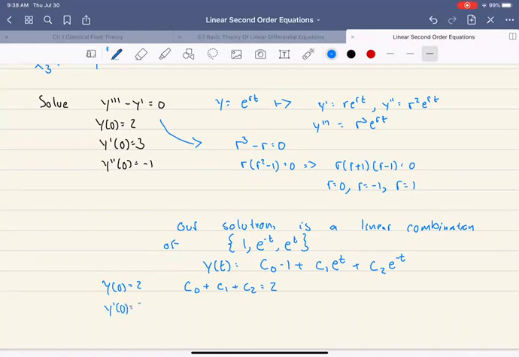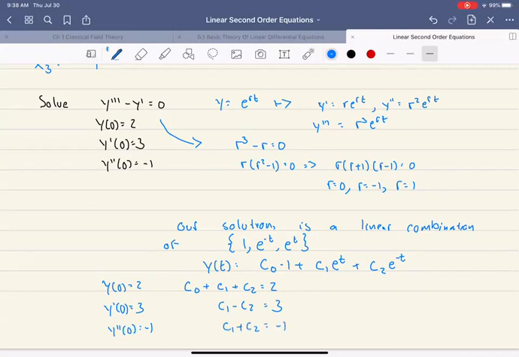y prime of 0 equals 3 is going to give us c1 minus c2 equals 3. The negative sign comes from taking the derivative here. And then y double prime of 0 equals negative 1 gives us c1 plus c2 equals negative 1.